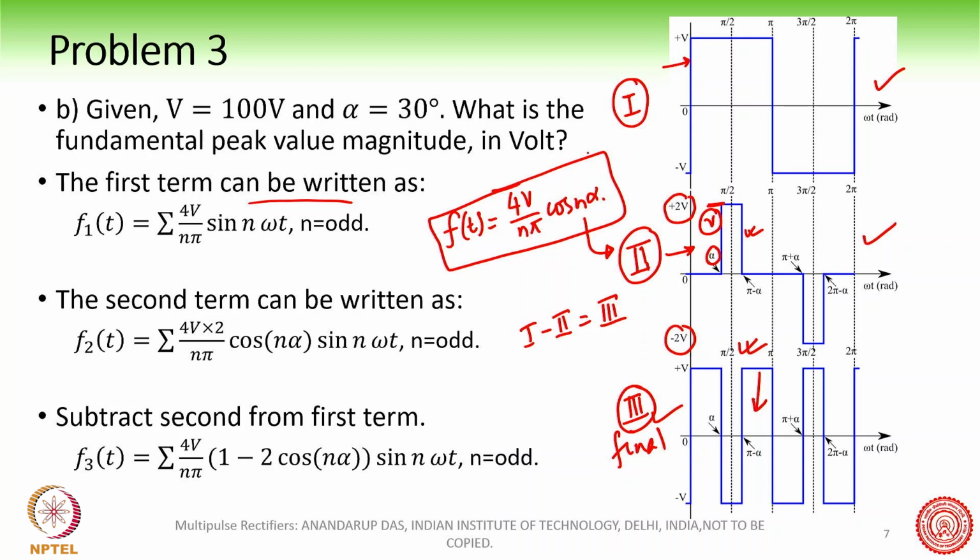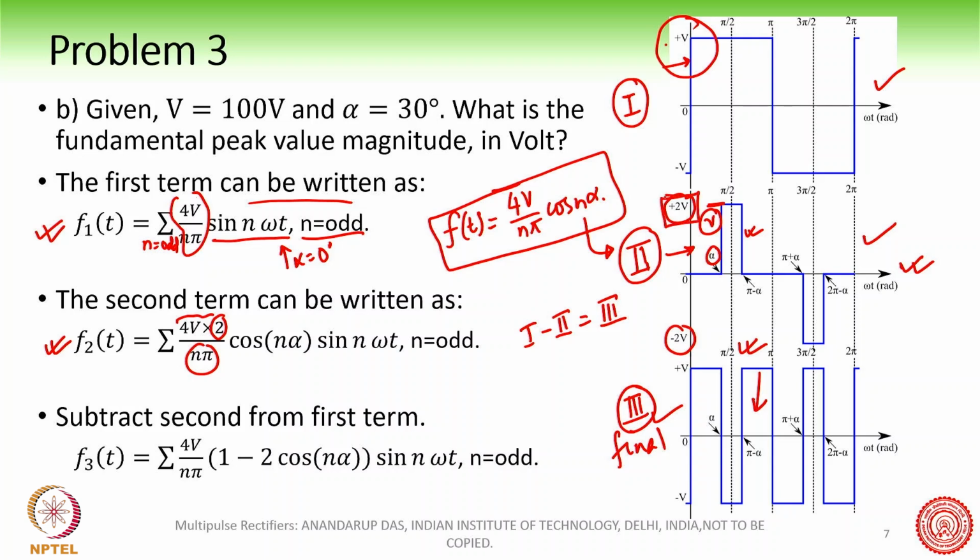Okay, so for the first waveform, this is the expression. For n equal to odd, we have 4v by n pi sin n omega t, with alpha equal to 0 degree for the first waveform, f1. For the second waveform, this is again 4v into 2 by n pi, because why is it 2?